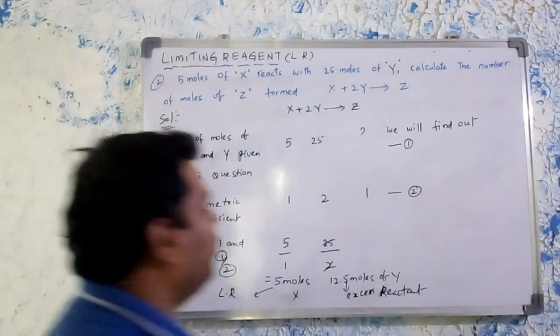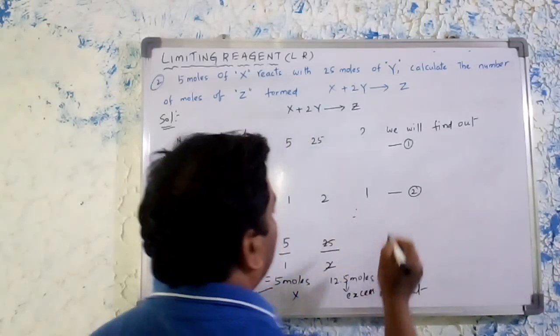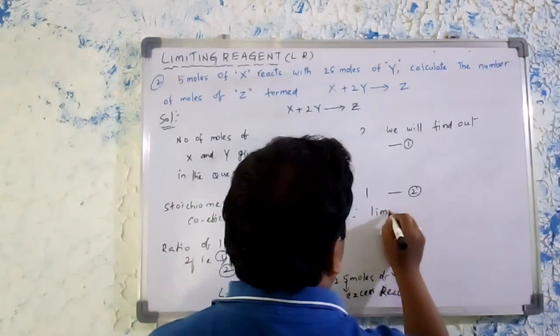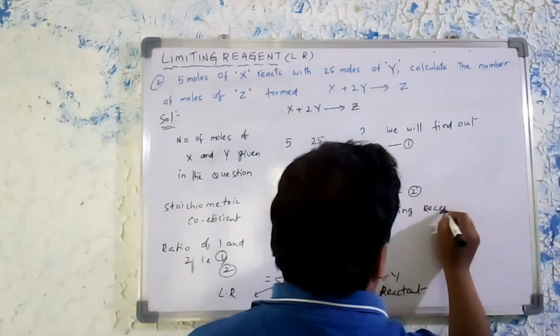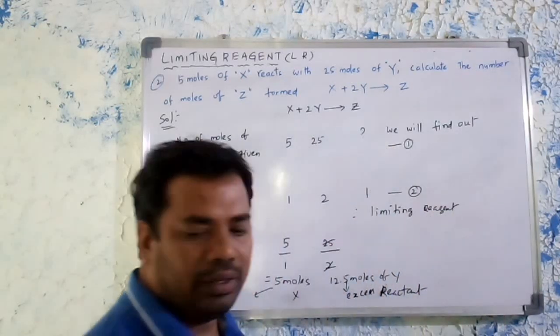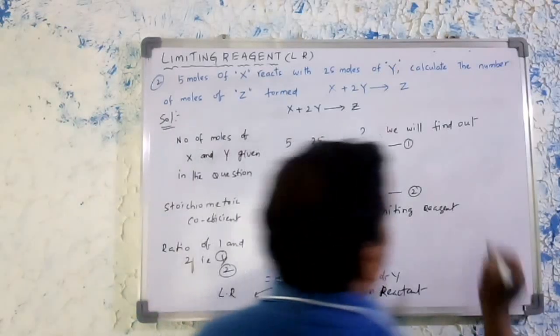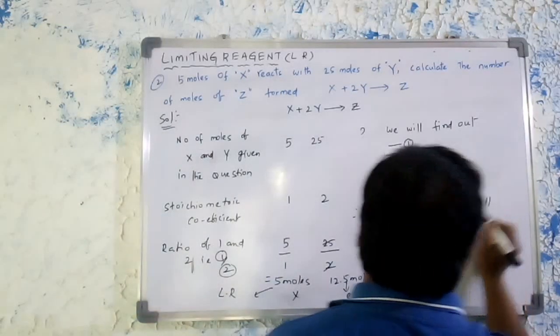So therefore, the limiting reagent decides the formation of the product.